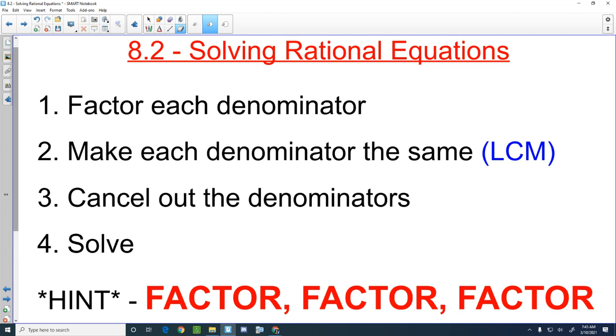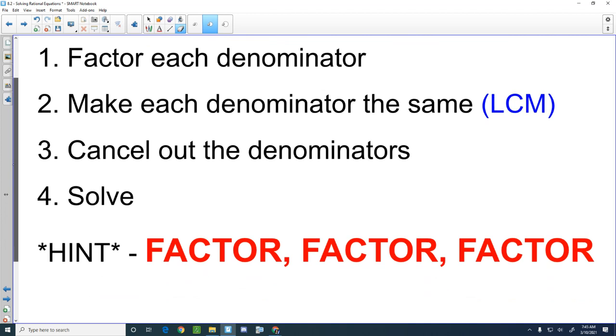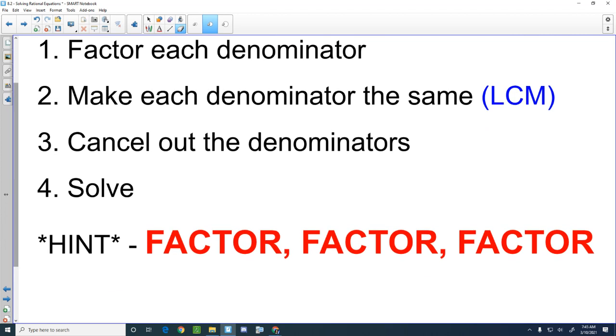So like make sure every denominator has the same pieces. Once they're all the same, all the denominators are the same, then we can essentially cancel them out. What we're really doing is we're multiplying both sides of the equation by that LCM. So it's just going to cancel out each of those denominators. And that's great because then we no longer will have any fractions in our problem.